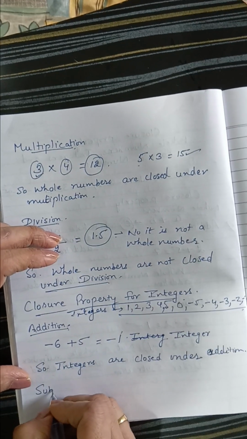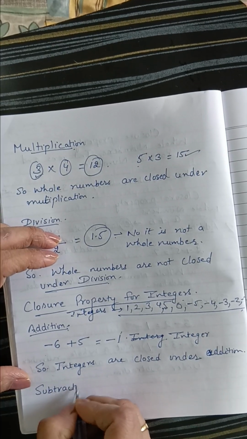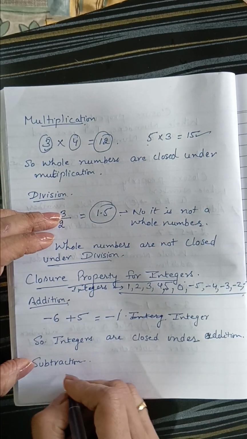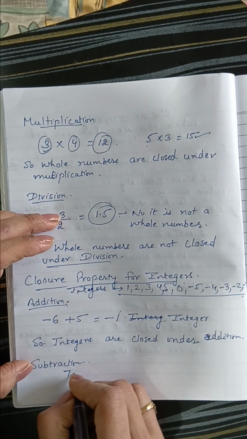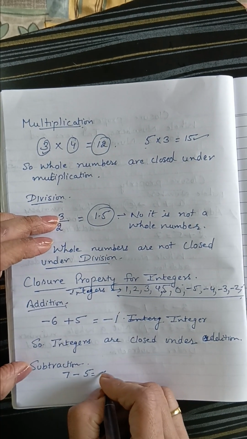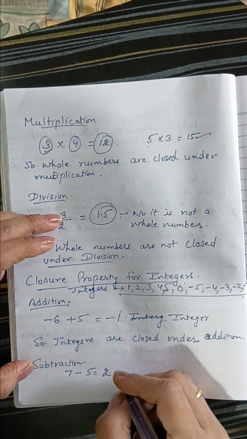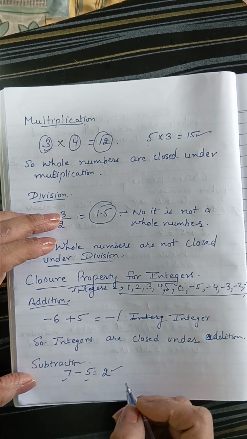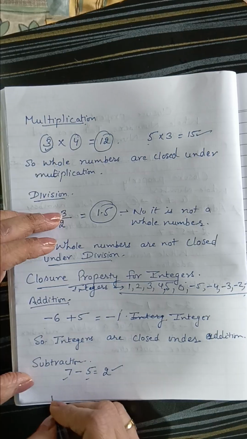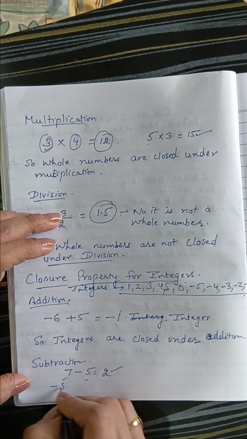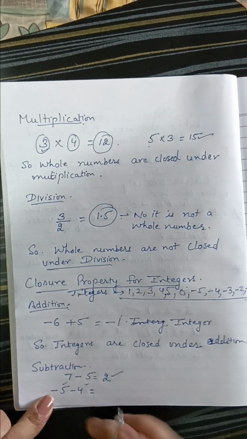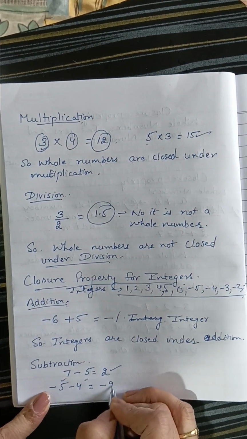And while subtraction, for example 7 minus 5, we will get 2. It is also an integer. 7 is also an integer. 5 is also an integer. Minus 5, minus 4, we are subtracting these integers and what we will get is minus 9.